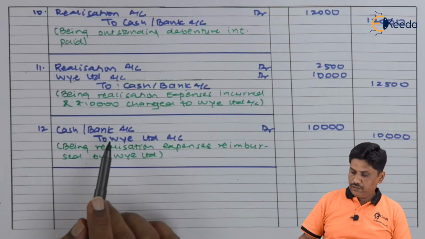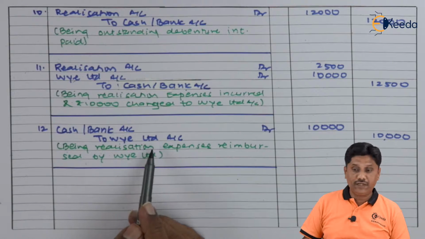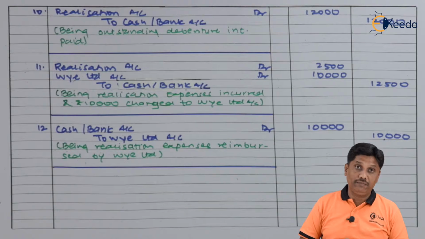Entry number 12, cash or bank account debit to Y Limited account, being realization expenses reimbursed by Y Limited.